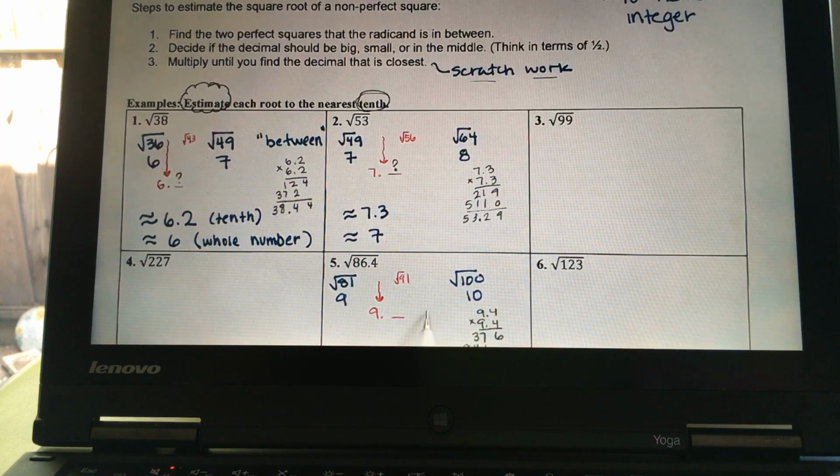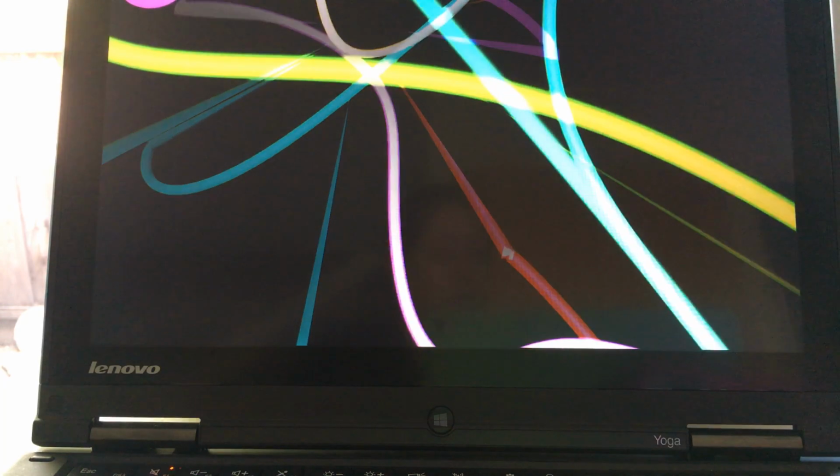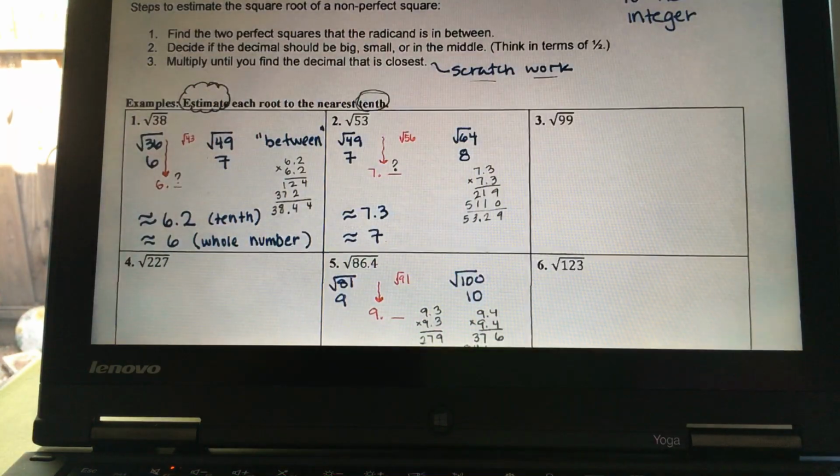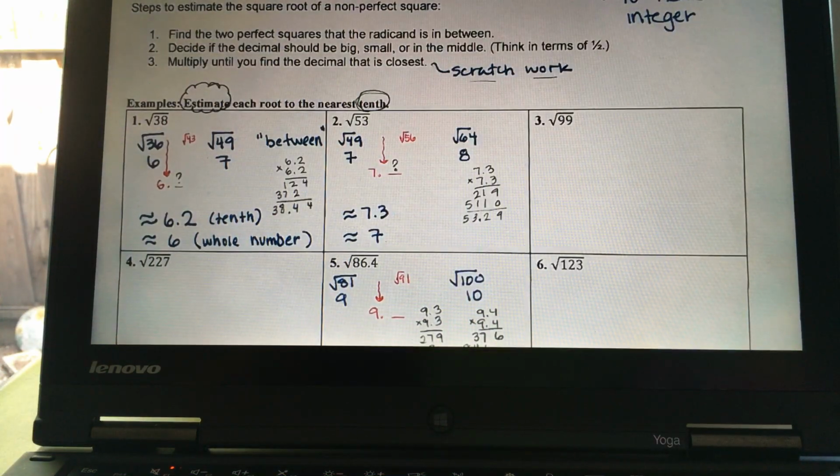I'm going to actually try another set of scratch work, see if 9.3 is any closer to that. Let's see, doing my multiplication here. Oops, the screen just went on screensaver mode. Sorry about that. Let's see. 14.6, 86.49.